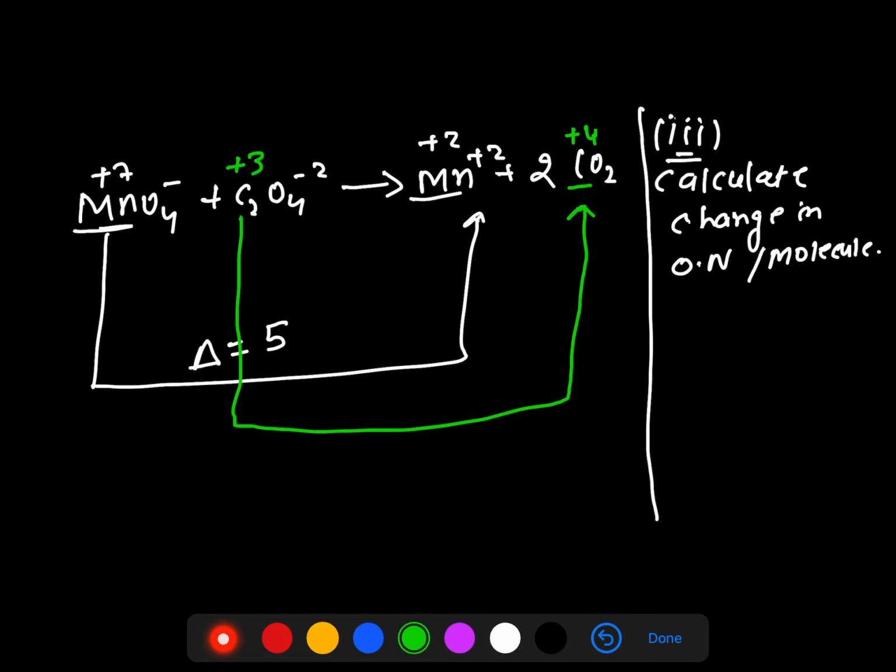Each carbon atom is showing a change of 1 unit, but there you have 2 carbon atoms and both are participating in the redox. So if one carbon atom gives a change of 1, a molecule contains 2 carbon atoms, so a molecule will be giving a total change of 2 units, right? Per atom change is 1 unit, but per molecule there are 2 carbon atoms and both are showing the change of 1 unit. So the total change per ion of C2O4 2 minus is 2, right?